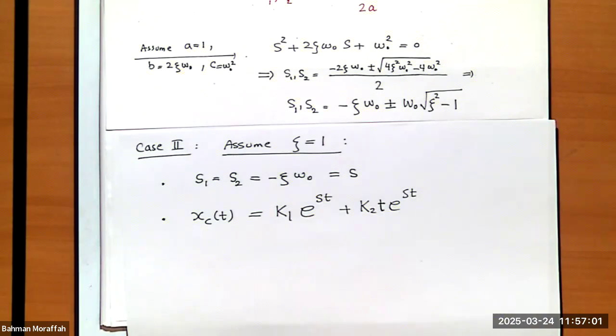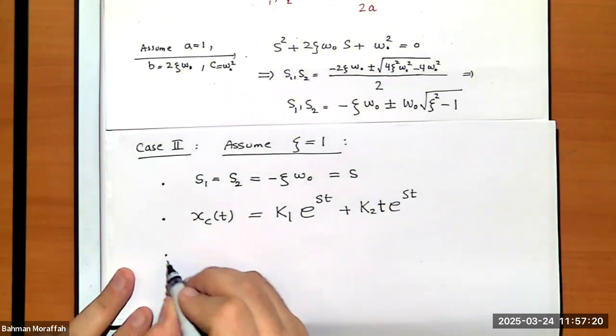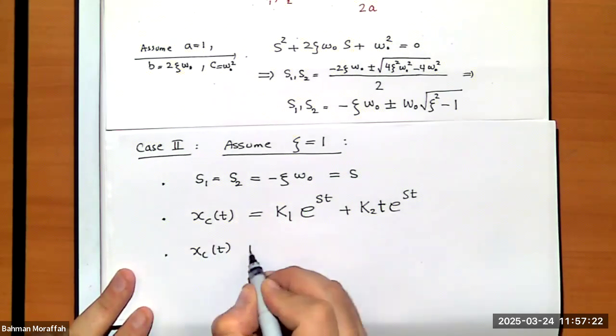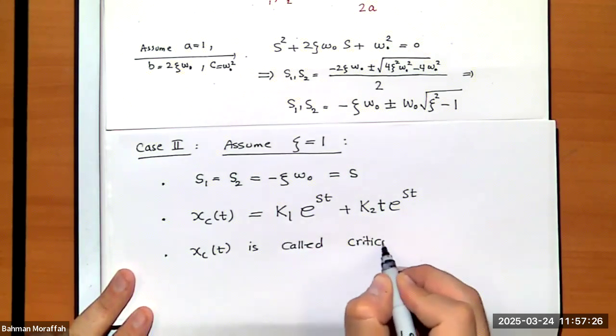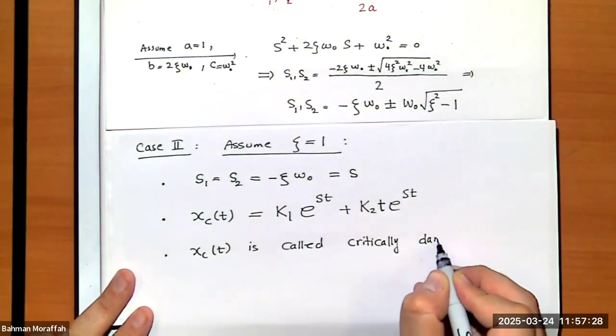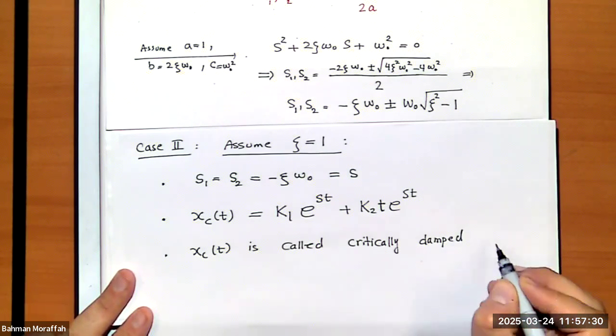Basically, if you find the Wronskian of these two solutions, it's non-zero, which means these two solutions are not dependent. We call this solution x_c of t the critically damped solution.